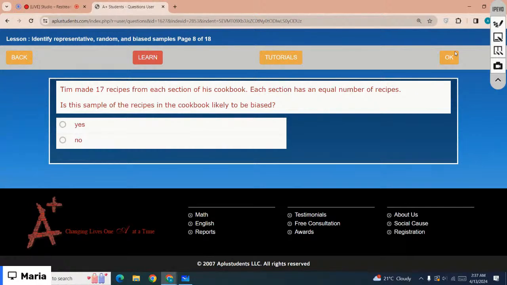Very good. The correct option is no, this is not biased data. The correct option is no.